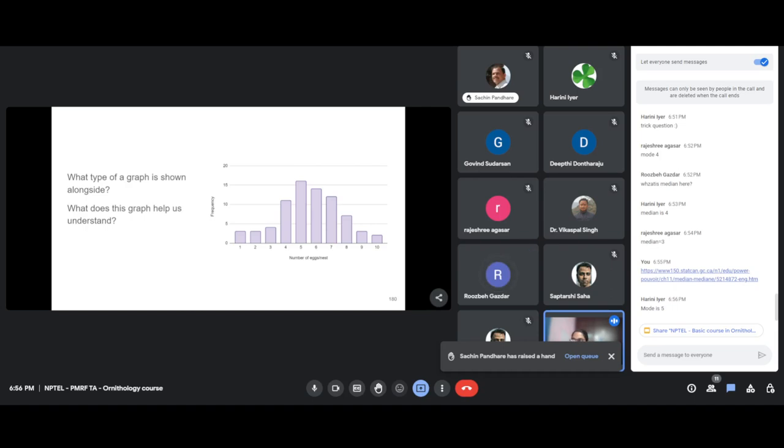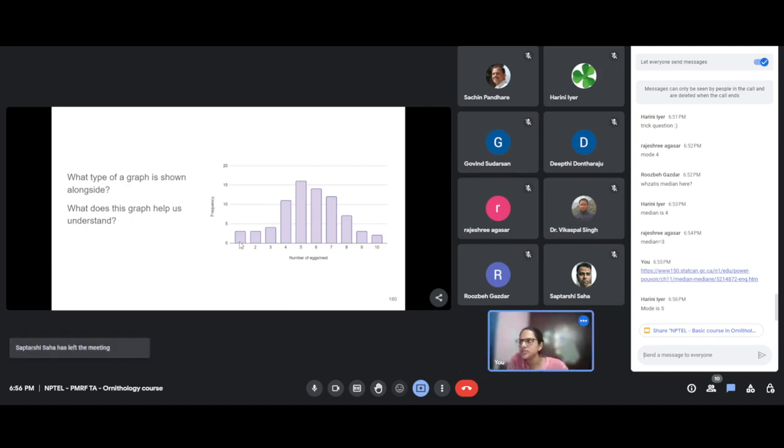Mode is 5. Yeah, that is correct. So it's how many birds have that many eggs in the nest, right? So what is the frequency from a population that has the eggs on the x-axis? Right. So if I take the first bar, what is it actually showing me?